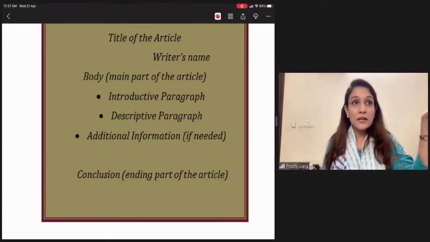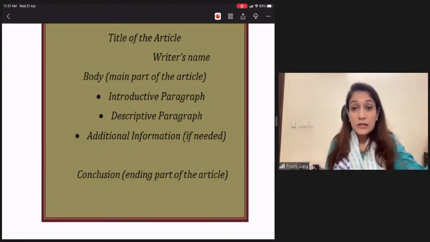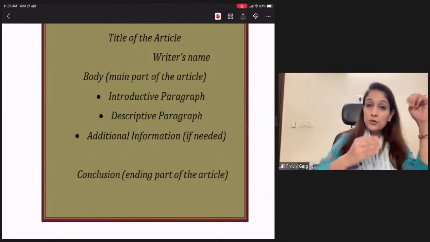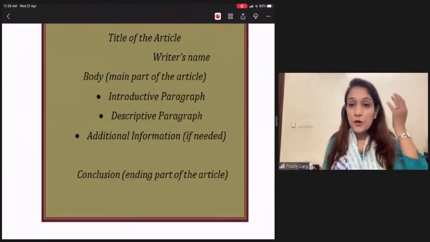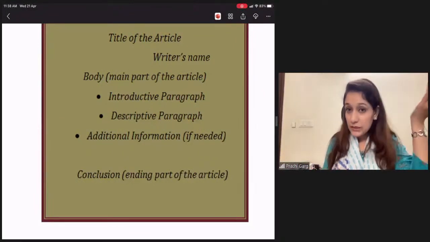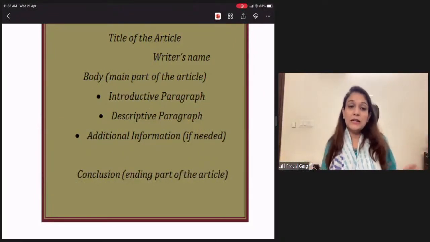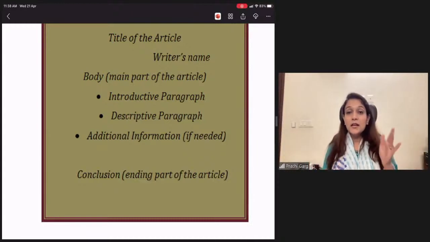Maybe you're talking about some medical, health issue, some particular disease or illness, and you want to pick up some statistics, that from 2010 to 2020, so and so many people have already got this disease, right? That is the additional information that you will be using. Then you will have a conclusion, that what is your bottom line, what people should do, what do you think, what are you trying to suggest in your article, right?